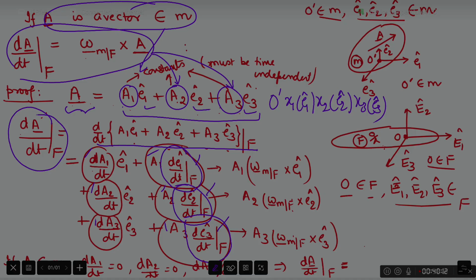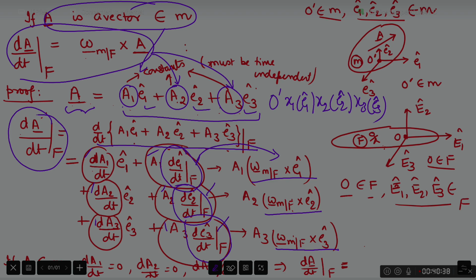On the previous slide, I told you that based on the definition of omega MF, we can prove that de1/dt with respect to F can be written as omega MF cross e1. Similarly, de2/dt with respect to F can be written as omega MF cross e2, and de3/dt can be written as omega MF cross e3.